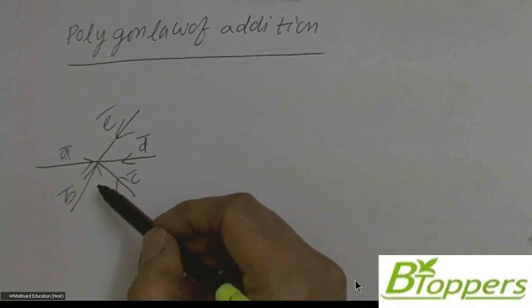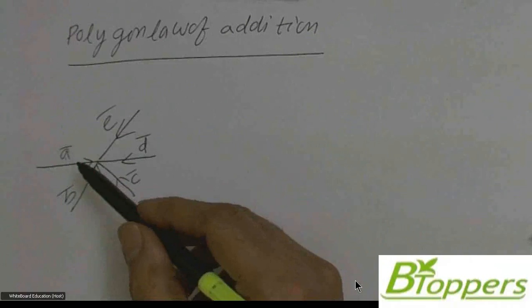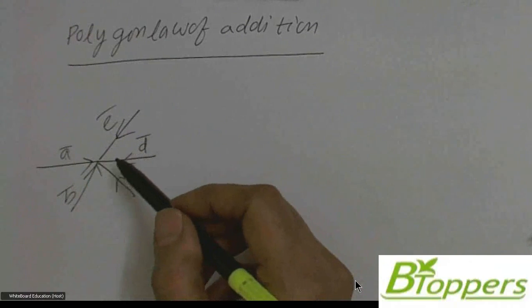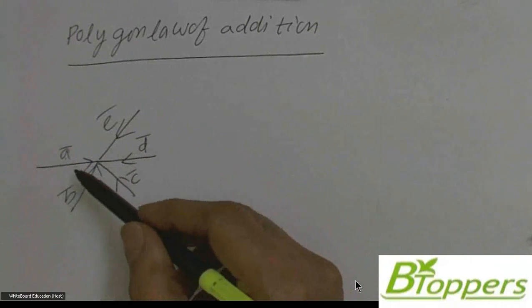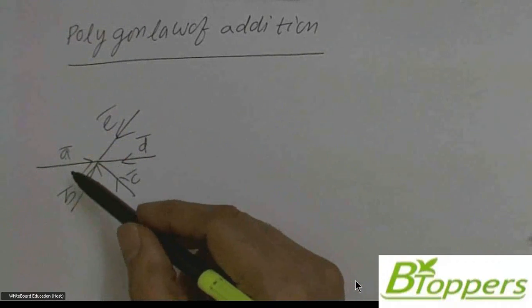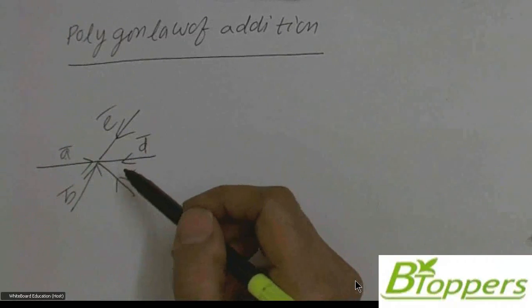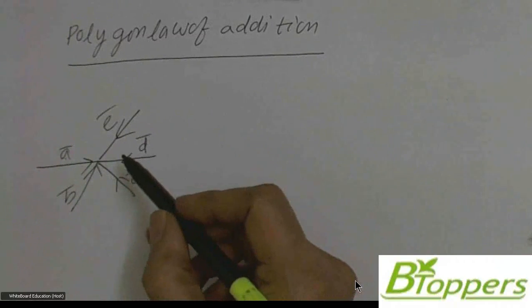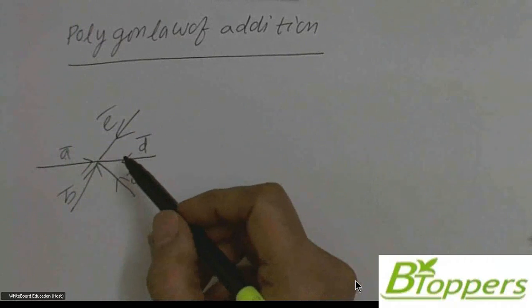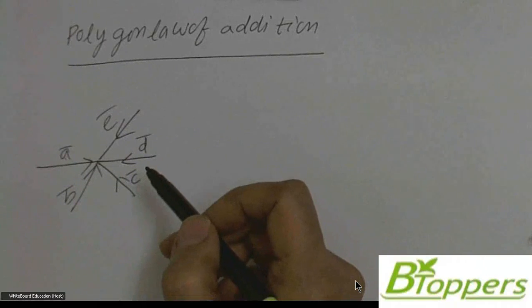Let us suppose we know the directions and magnitudes of all the vectors. I mean, you are given the magnitudes and also the directions of these vectors. I mean, you know the angle between any two adjacent vectors. Then we can try to represent the vectors graphically in the same order.